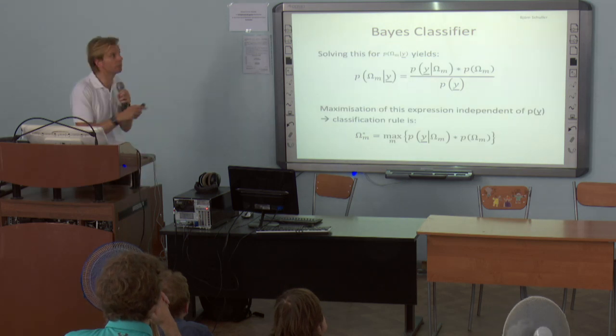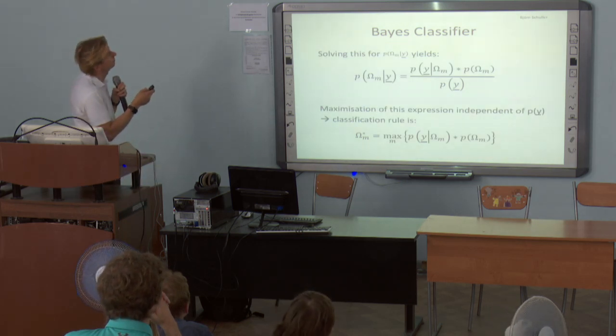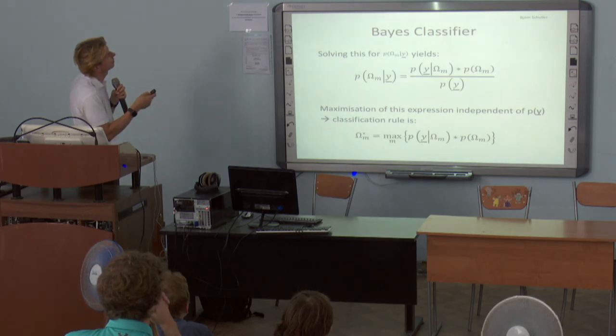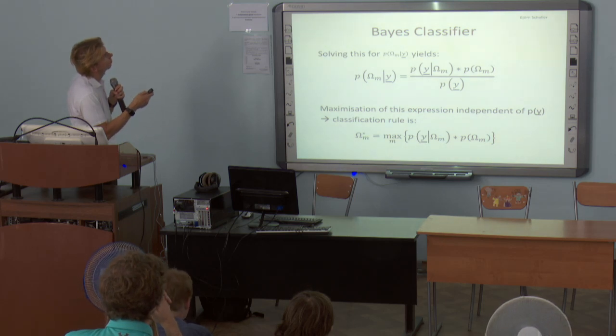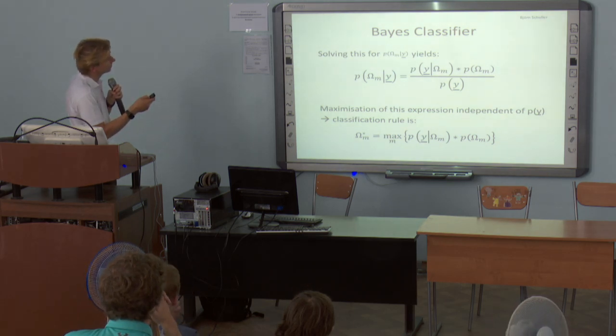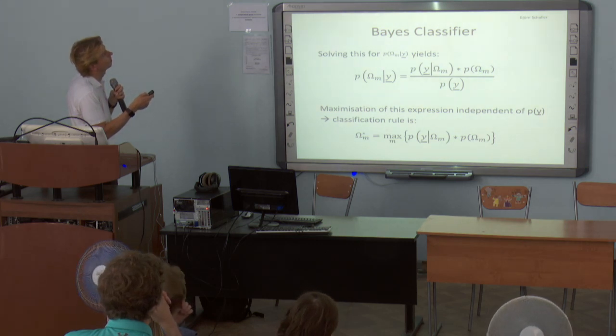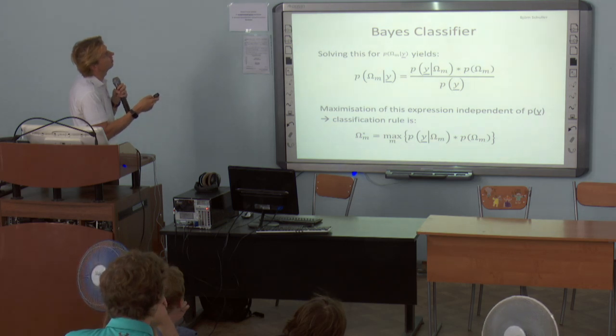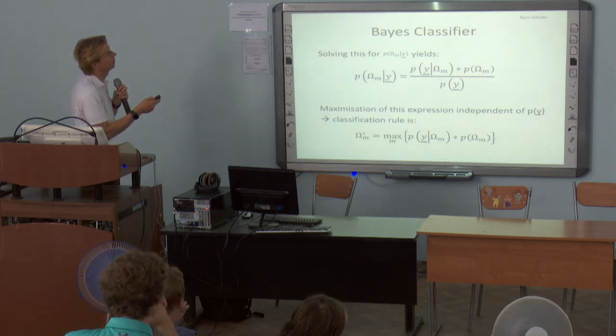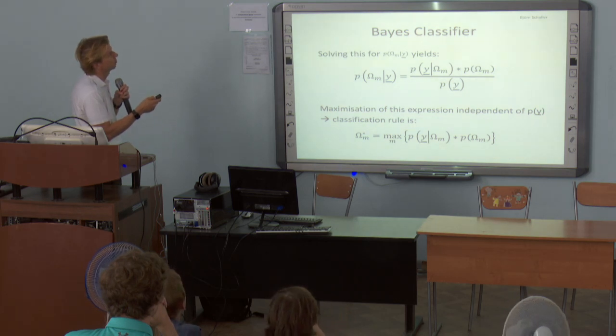You usually use this to substitute this probability, which you cannot determine easily from data, by reshaping Bayes' rule and substituting it by this kind of expression, where you have the determinable conditional probability of the observation under the condition of the class, and the prior probability now added of both the class and the feature vector observation.